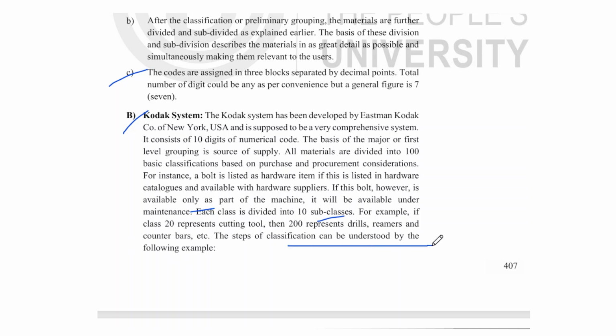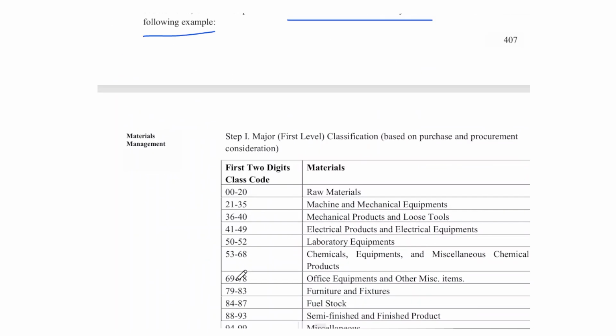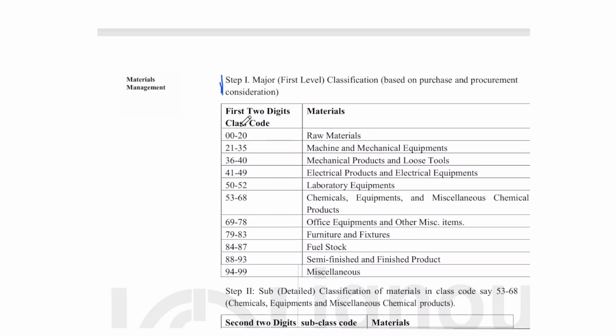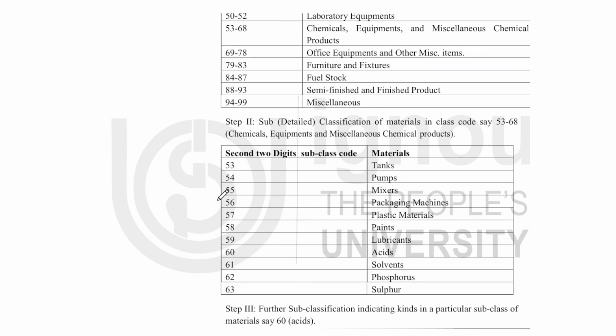The steps of classification can be understood by the following examples. Here in step 1, raw material: the first root digit is the class code, where raw material, machine and mechanical equipment is 21 to 35, like that. Step 2 is the subclass, that is classification of material in a class code, say 53 to 68, where 53 is tank, 54 is pump, like that.